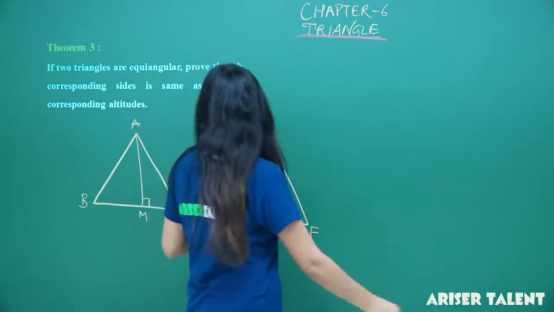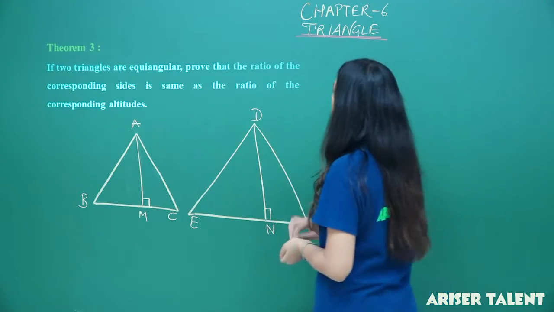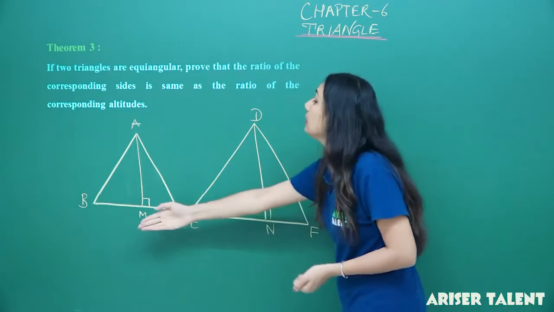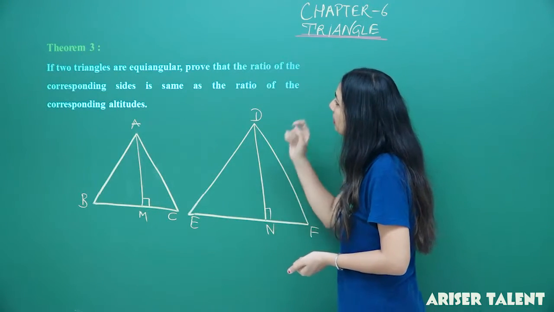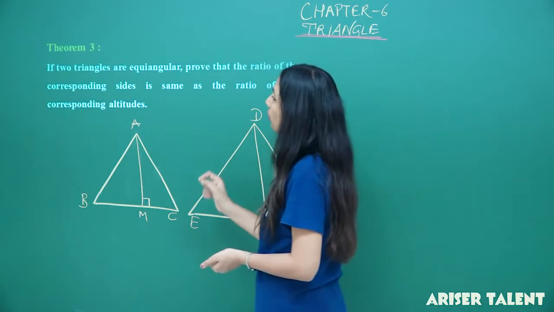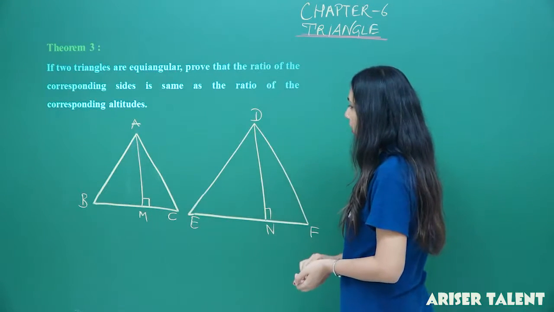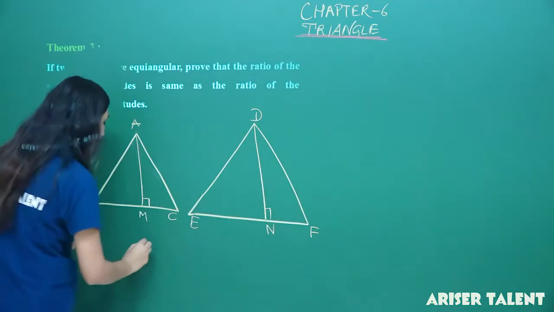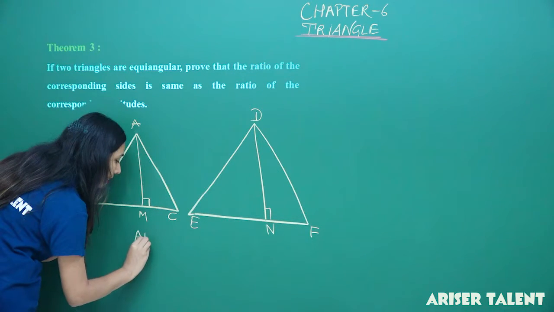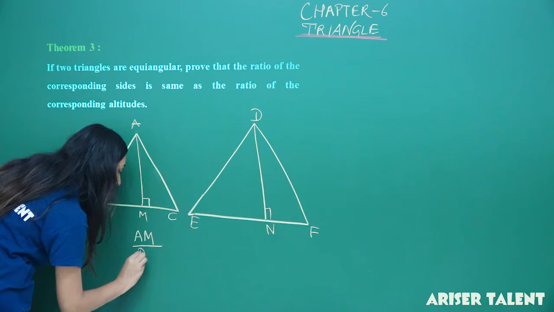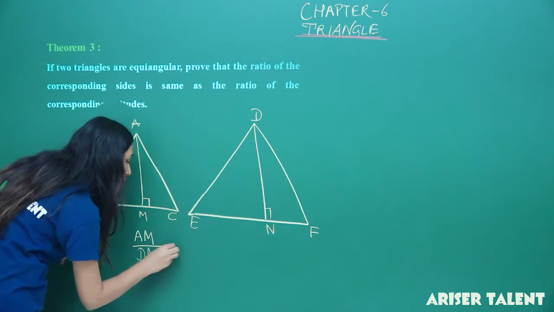Right. Now it's saying that you have to prove that the ratio of the corresponding sides, these are the corresponding sides, is the same as the ratio of the corresponding altitudes. The altitudes are AM and DN. So we have to prove that the ratio of these altitudes, that is AM by DN, is equal to what?